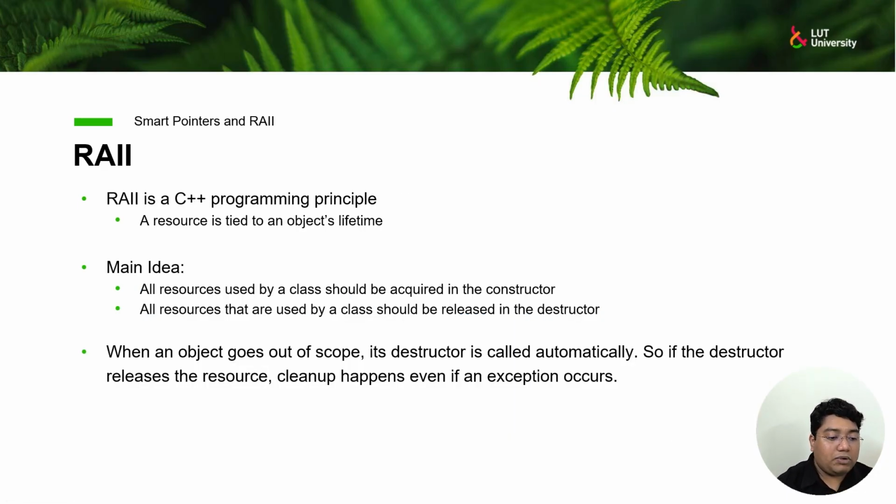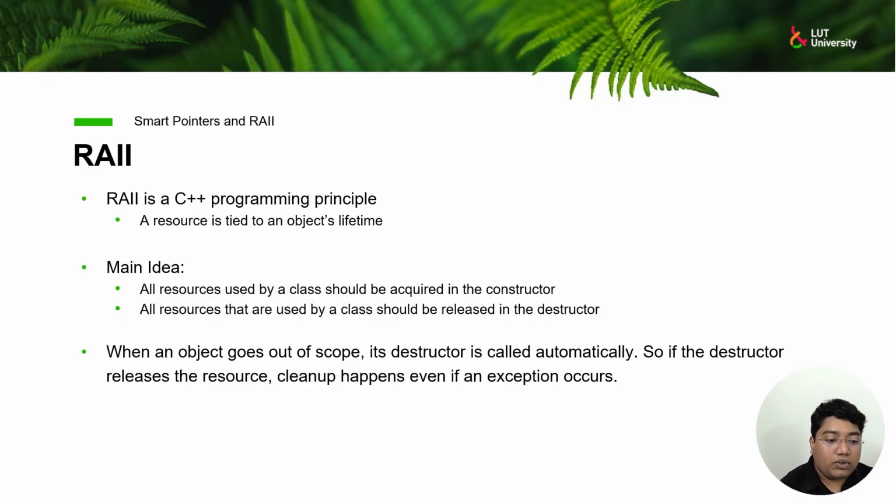RAII is a programming principle we use throughout C++. The rule, once again, is very simple. If a class owns a resource, it should acquire that resource in its constructor. Then it should release that resource in its destructor.